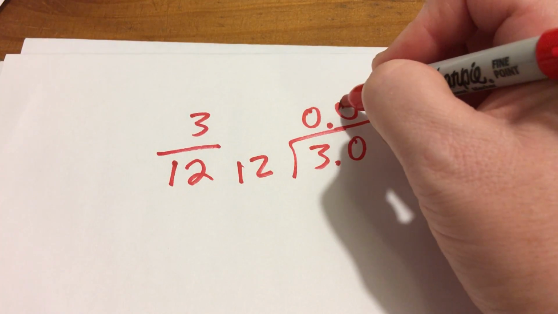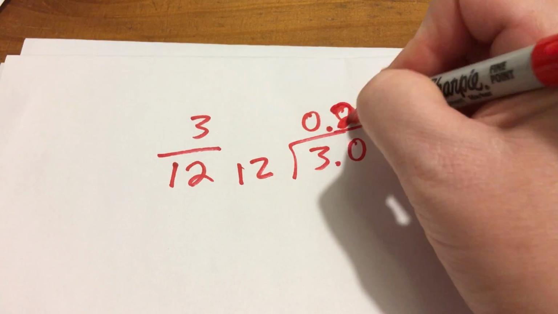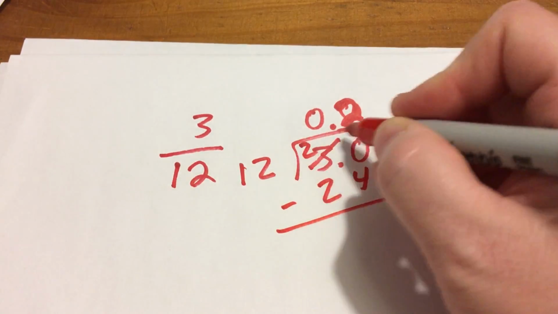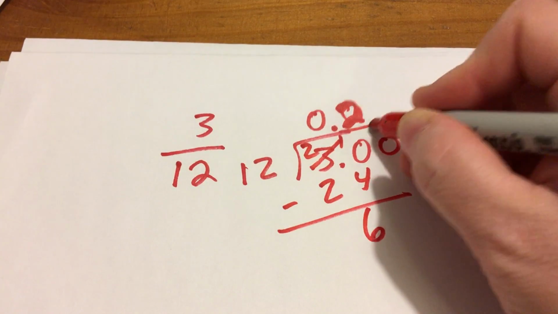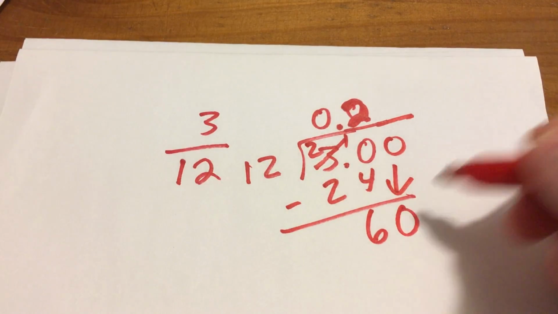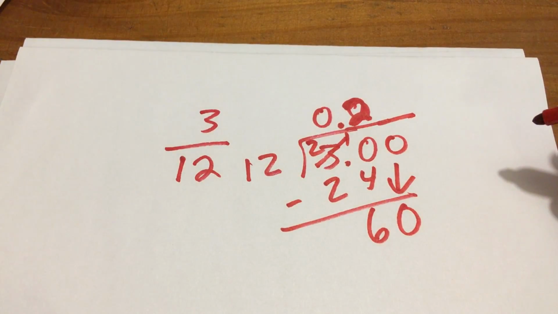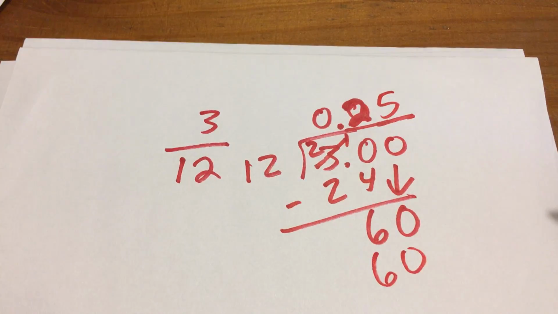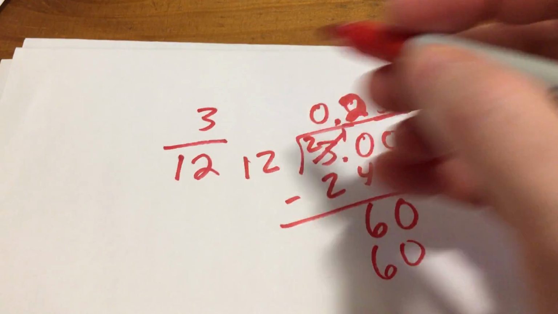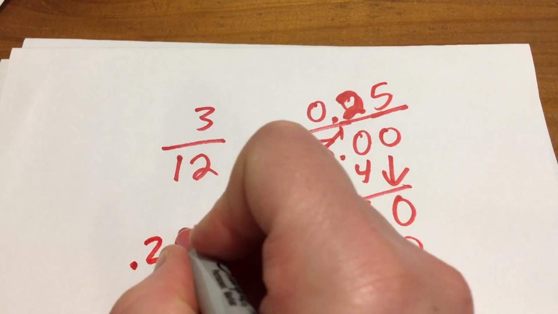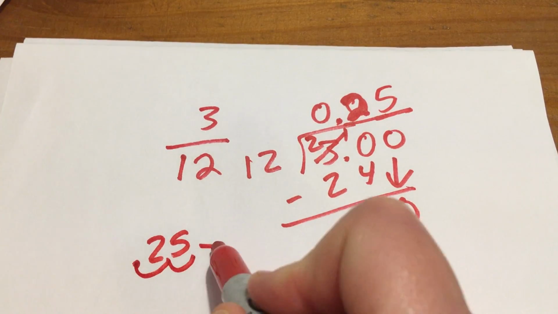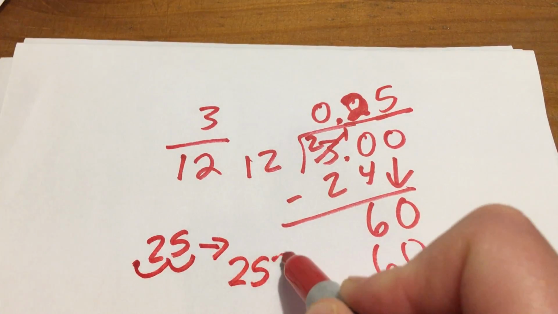Yes, it can. 2 times, which is 24. Borrow. Subtract. Add another 0. Bring it down. Can 12 go into 60? 5 times evenly. So our decimal for 3/12 is 0.25, but what would our percent be? 1, 2, 25%.